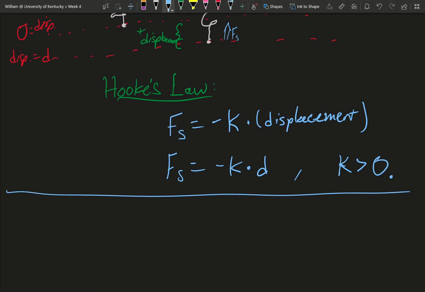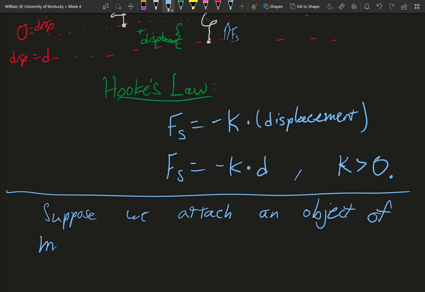Okay, so continuing with this, suppose we attach an object of mass m to a spring.